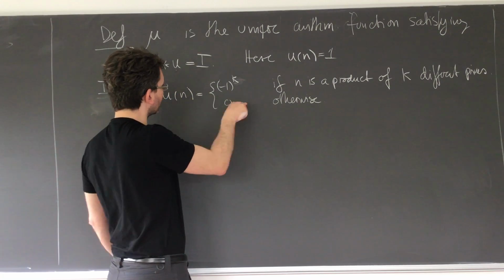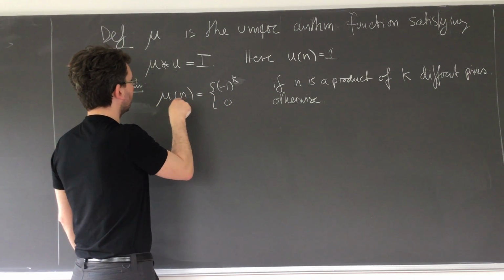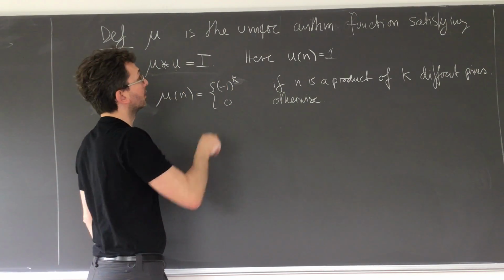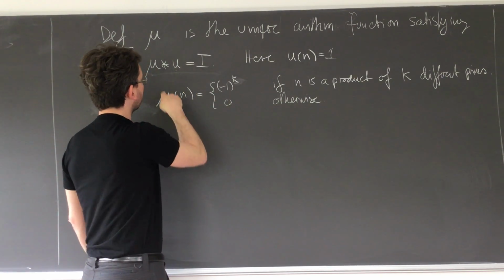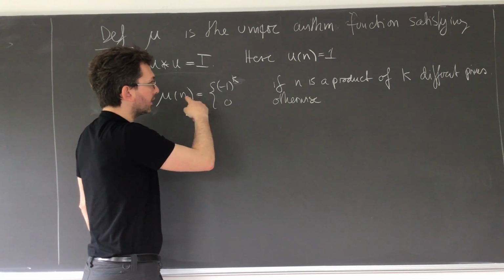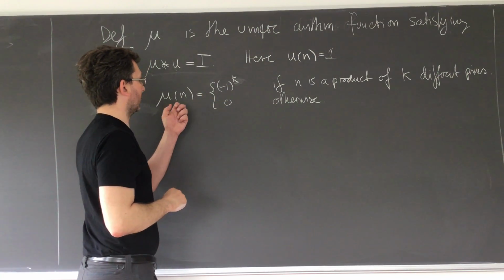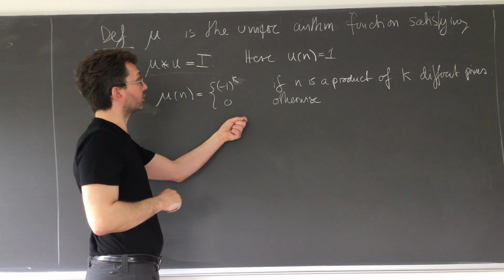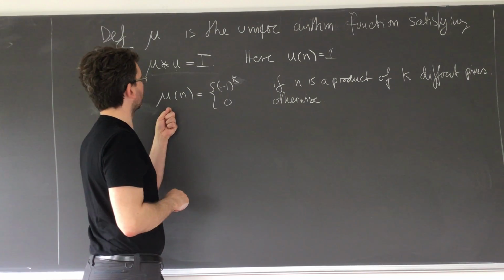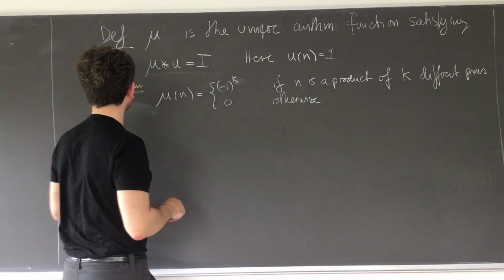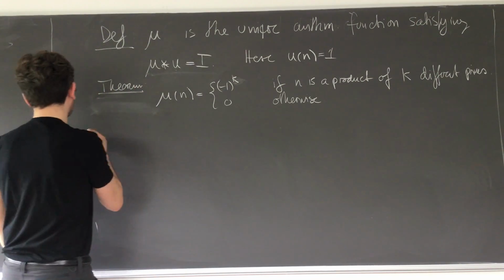So we want to prove that this function satisfies this relation, and then by uniqueness we'll get that the Mobius function is indeed equal to that. This also shows that we could equally well have used this as the definition of the Mobius function, and then this would be something that you would have to prove. But let's do it this way.